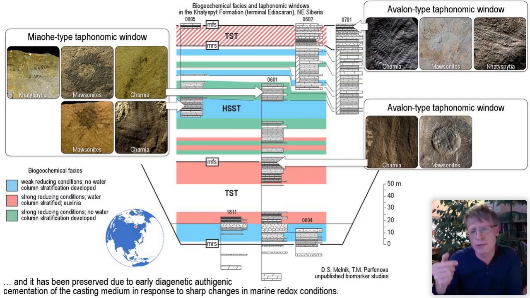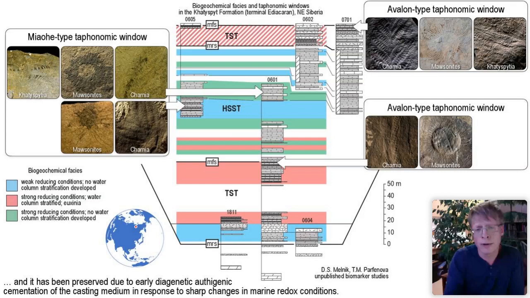So a sudden shift in redox conditions probably facilitated early diagenetic cementation of the sediment, and this promoted the preservation of Ediacaran fossils as casts and molds. Whereas in the parts of the section where there were no shifts in the redox conditions, the fossils are not preserved, but they are there.